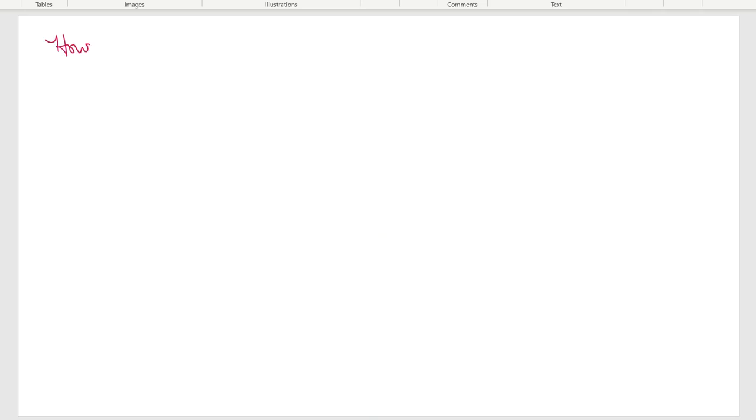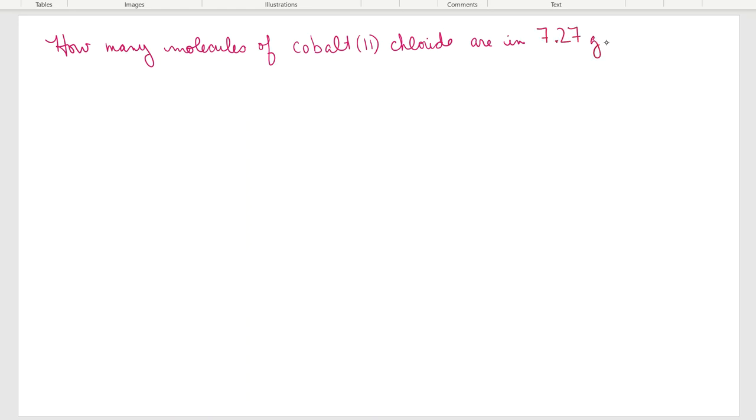How many molecules of, let me make up a new compound, cobalt 2 chloride, are in 7.27 grams? How many molecules of cobalt 2 chloride are in 7.27 grams?